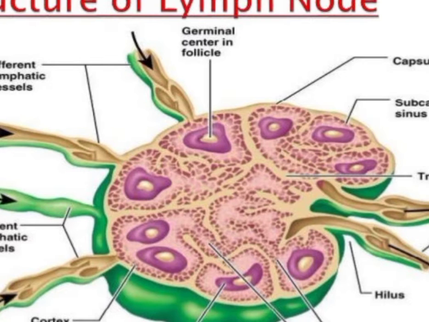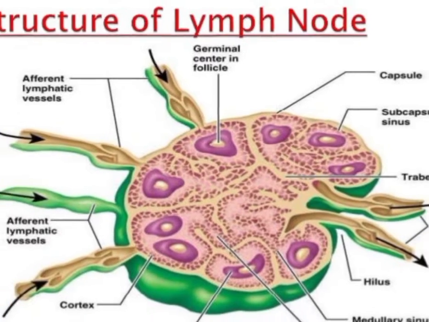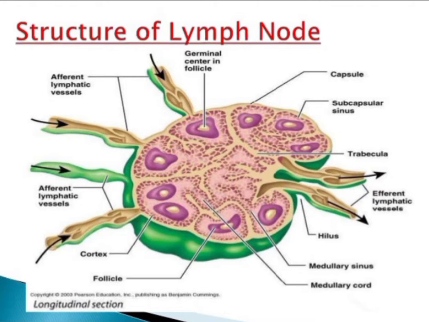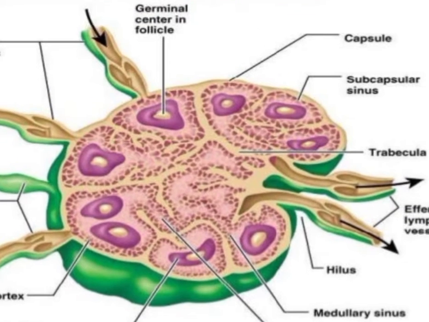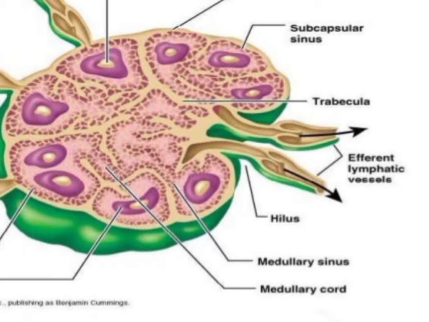Germinal center in the follicle we can see at the upper area, and then there is the capsule, after that a subcapsular sinus, and then the trabeculae. After that we can see the afferent lymphatic vessels, and here we can see the hilus, the medullary sinus, and the medullary cord.